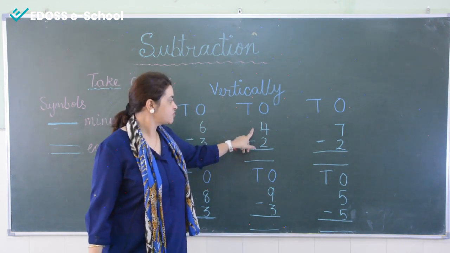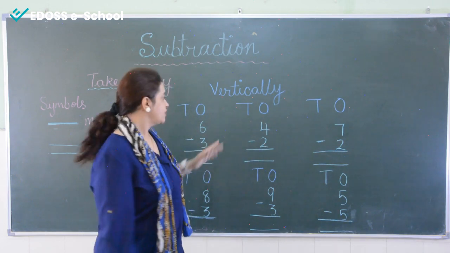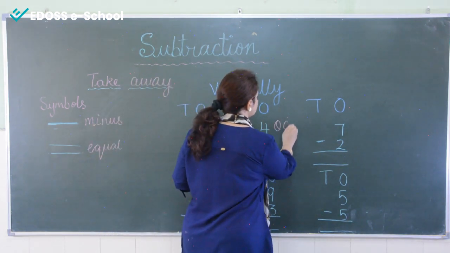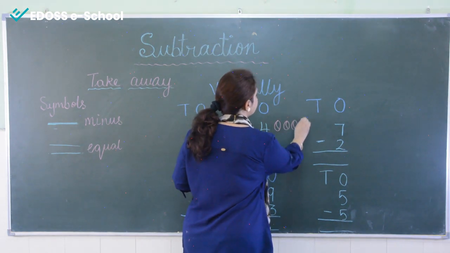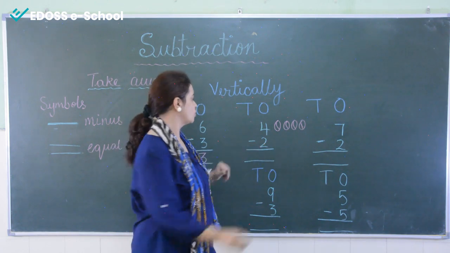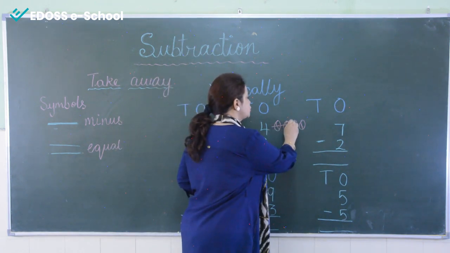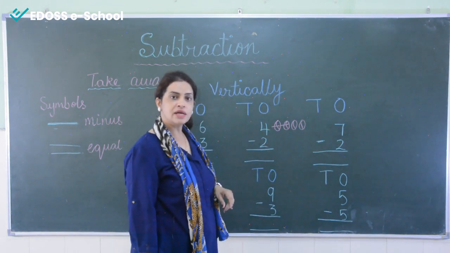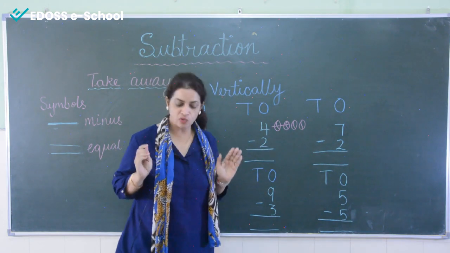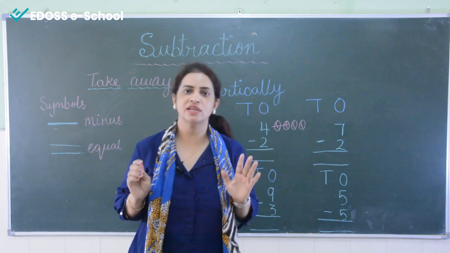Okay? This is 4 minus 2. If you want to draw objects, no problem. You can draw 1, 2, 3 and 4 balls. And how much you have to deduct? 2. 1 and 2. So how many balls are remaining? 1 and 2. Same thing you can do using your magic fingers.